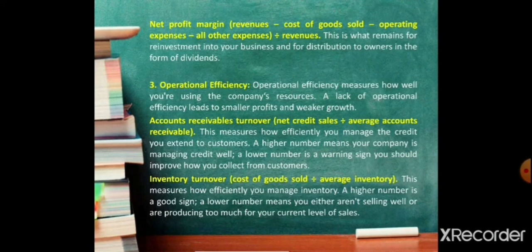Net profit margin is calculated with the help of the formula revenue minus cost of goods sold minus operating expenses minus all other expenses divided by revenue. This is what remains for reinvestment into your business and for distribution to owners in the form of dividends.